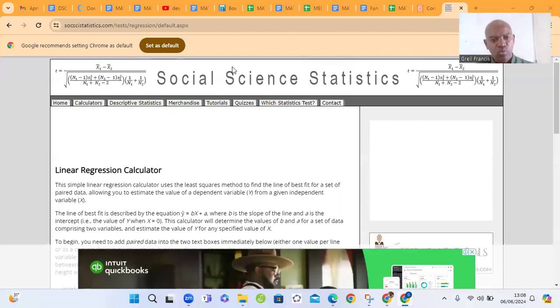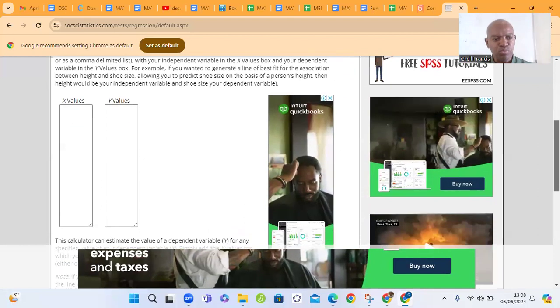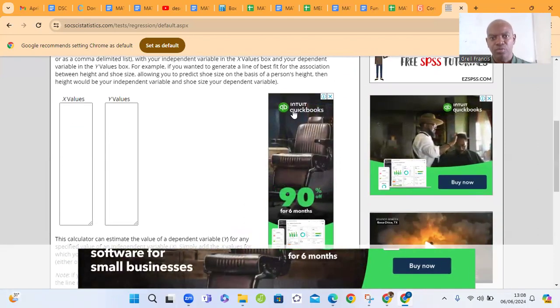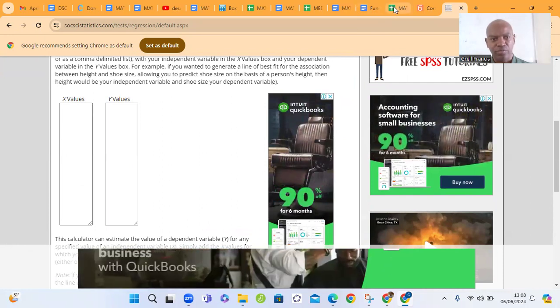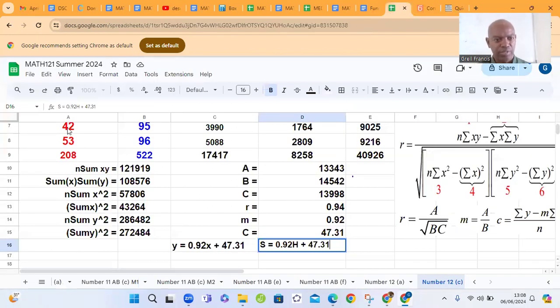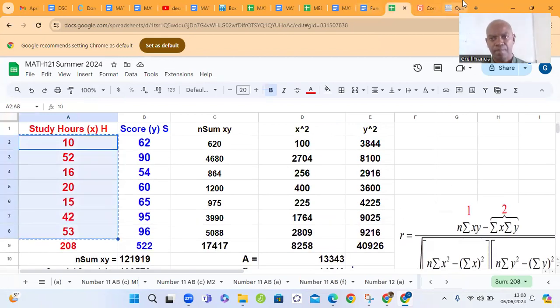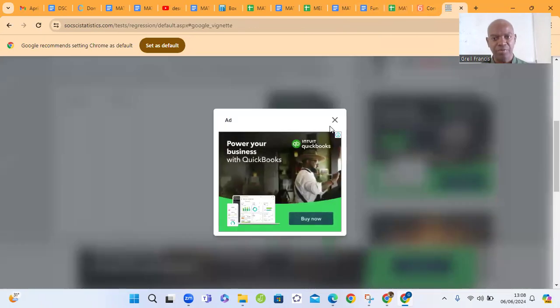So you can type in Google linear regression calculator, and we are going to prove our equation using that online calculator. So our X values, let's copy it and paste it. There are numerous calculators there.